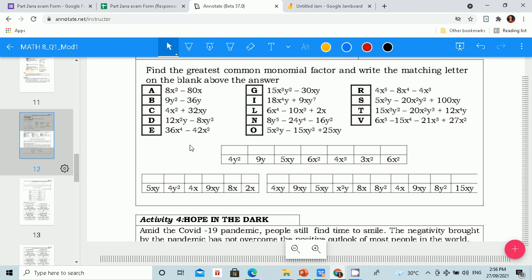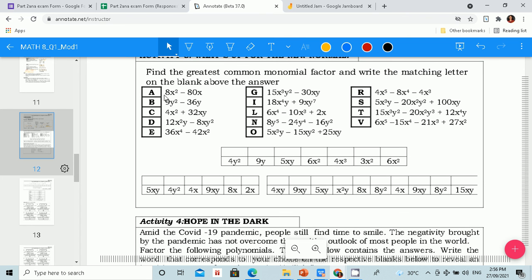So what is the greatest monomial factor in letter A? We have 8x squared minus 80x. So we divide both terms by 8, and we will have our monomial factor of 8x.